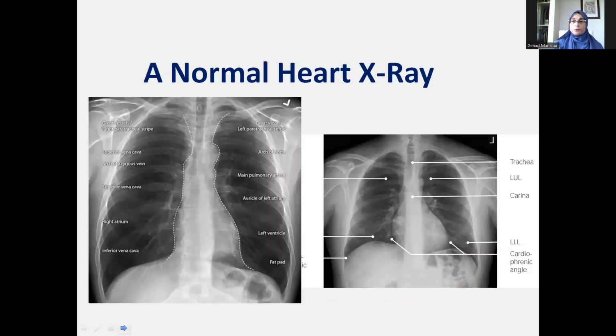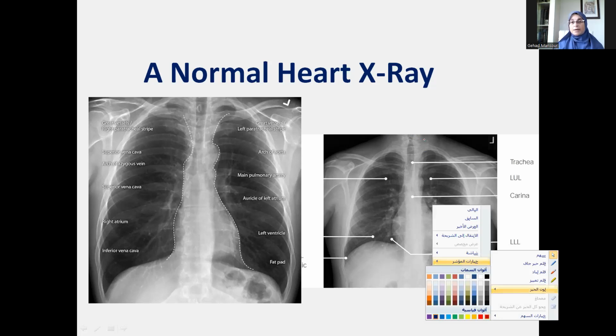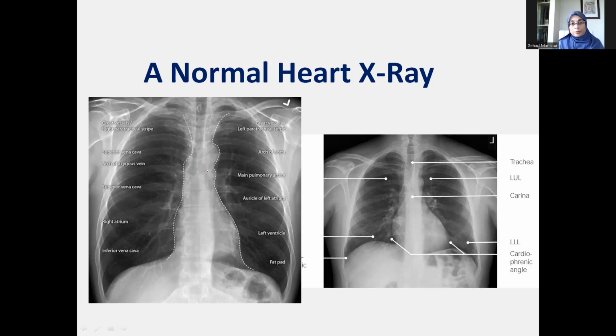It is important to be able to know whether the heart is enlarged or not when having an X-ray. So, for example, if I give you an X-ray and ask you whether the heart is enlarged or not, what you're going to do is to draw the middle line, and then you choose the most prominent parts of the heart on both borders, the right border and the left border, even if they are not on the same horizontal line.